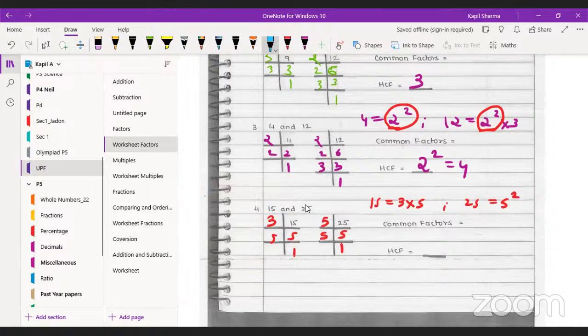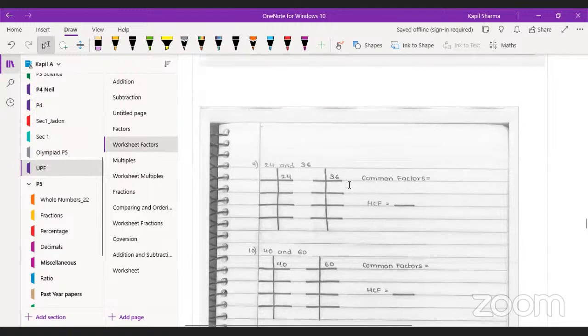Devika, what's the HCF? Swastik? Yeah, good. 5. Okay, Devika, good.